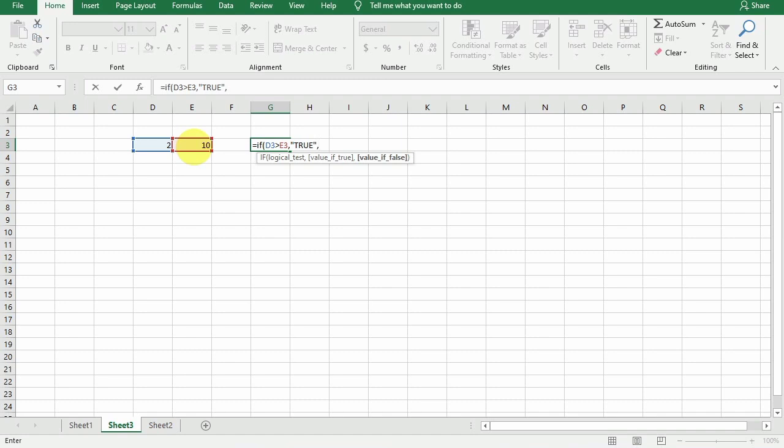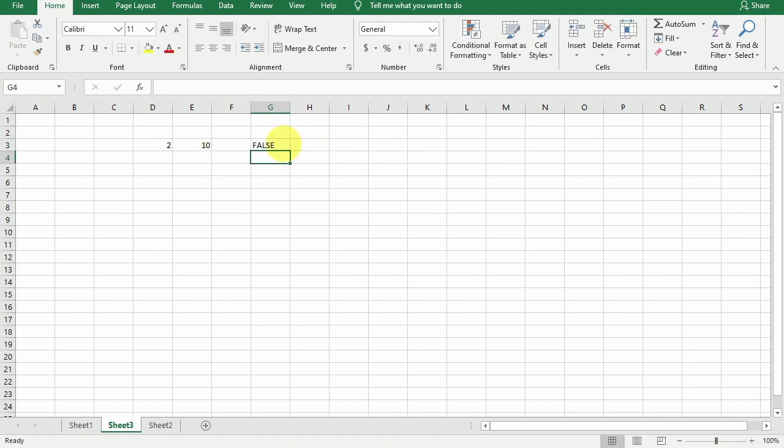Now the next value that's going to come out will be a false value. This first value is the value which is true. The next value that comes out after checking this condition, D3 greater than E3, is going to be a false value. So we put quote false, then close the quote. Now we close the bracket, shift 0. When I press enter, it gives me false.